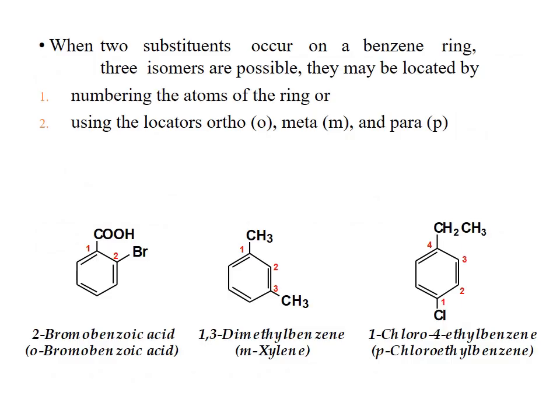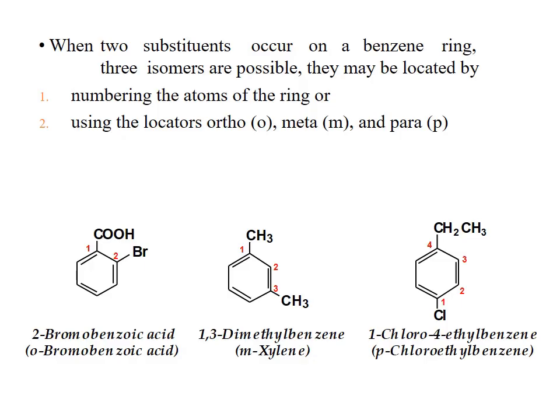When two substituents occur on a benzene ring, three isomers are possible. They may be located by numbering the atoms of the ring or using the locators ortho, meta and para. For example, 2-bromobenzoic acid. In 2-bromobenzoic acid, a bromine group is present at the ortho position and a carboxylic acid is present at the first position, so it is called 2-bromobenzoic acid.